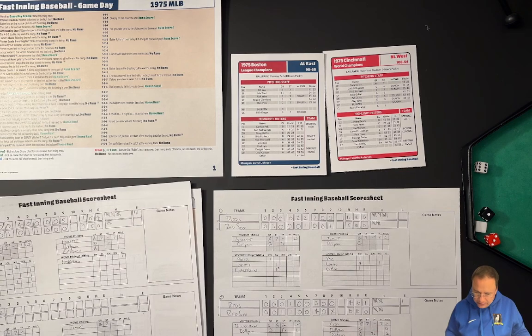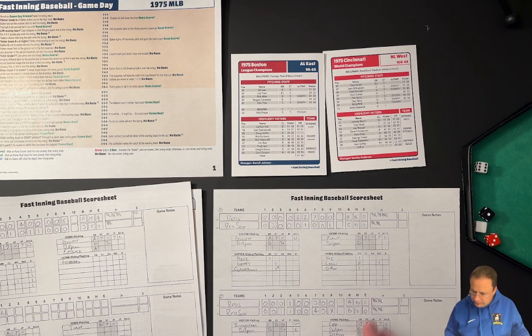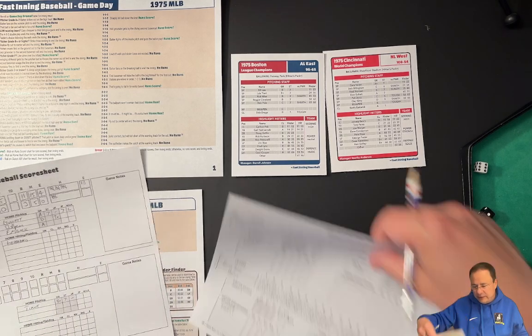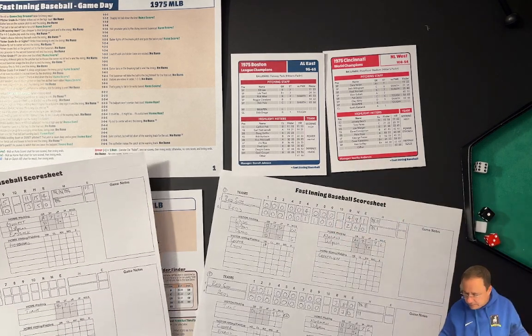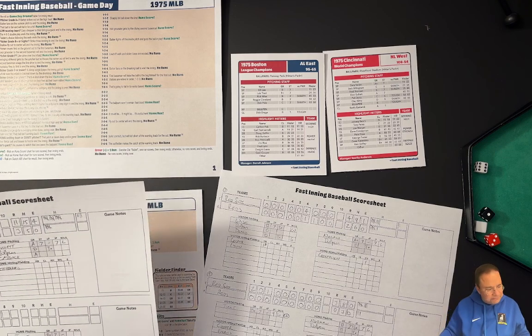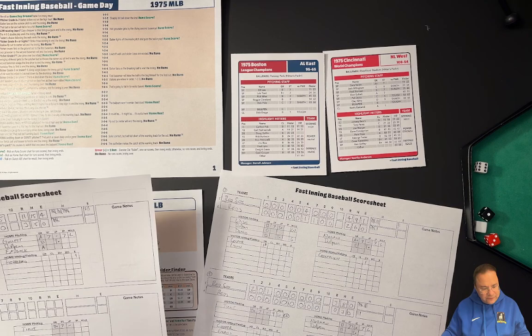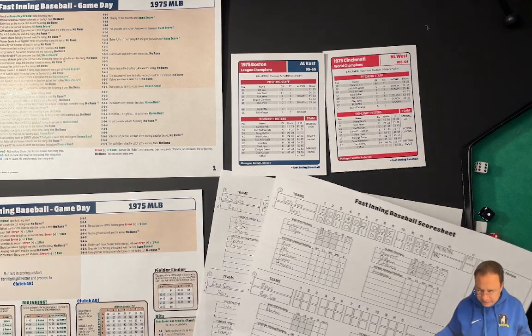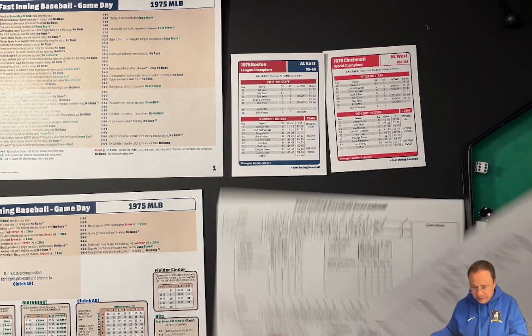Let's see, who are the Red Sox winning pitchers? The bullpen won it in Game 2. In Game 3, it was Wise. Game 4, it was Tiant. In Game 5, it was Cleveland. So, yeah, I'm going to say Fred Lynn. Fred Lynn was the star of the series as far as I'm concerned.